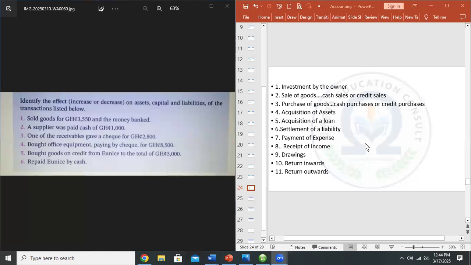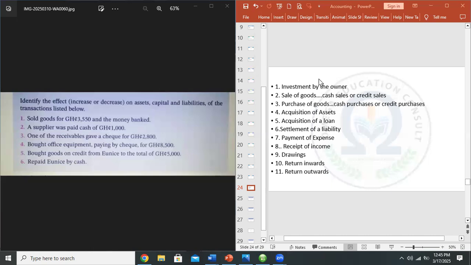So for the past week, all I've been trying to do is to get my professors to appreciate how transactions affect assets, capital, and liabilities. And most importantly, I discussed with you 11 basic transactions that at least you need to grasp to be able to journey on well with this concept.